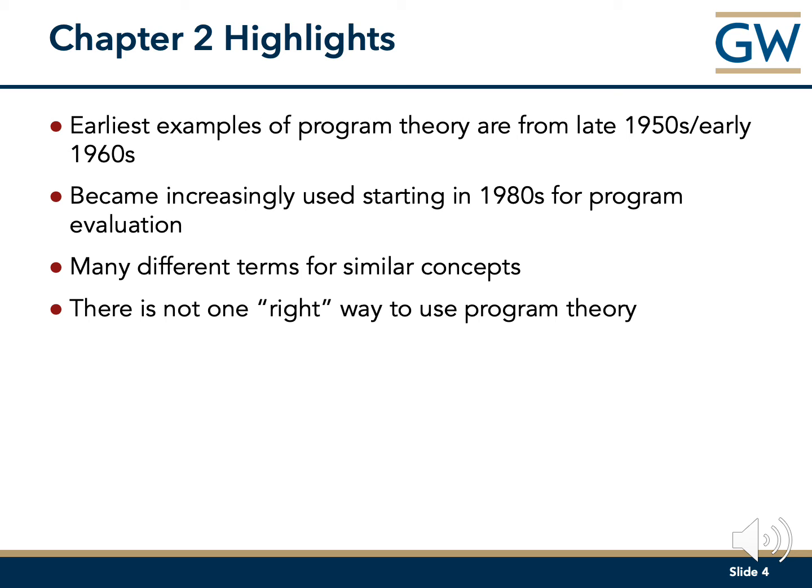So as we go through the book, you will see that sometimes different words are used, but we're really talking about the same thing. There's also not just one right way to use program theory. And we'll see that, again, there's many different ways to go about developing and implementing a program.